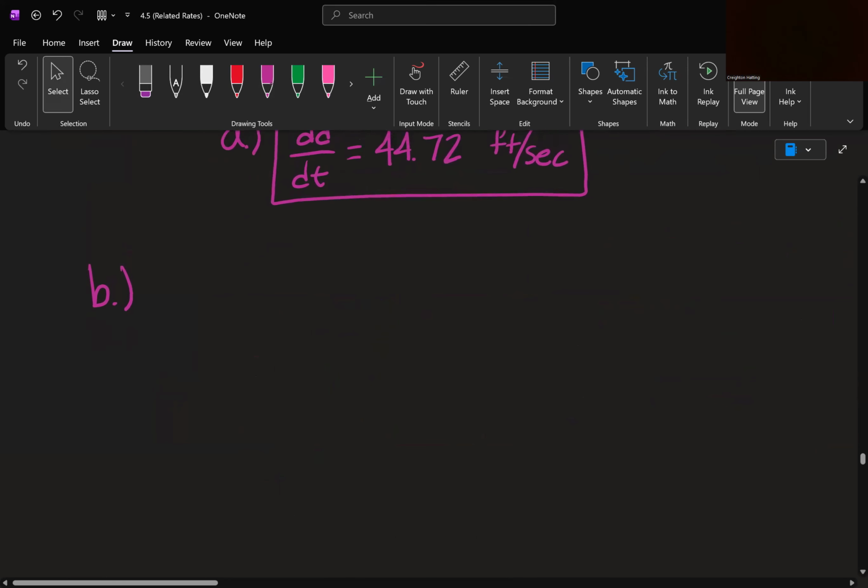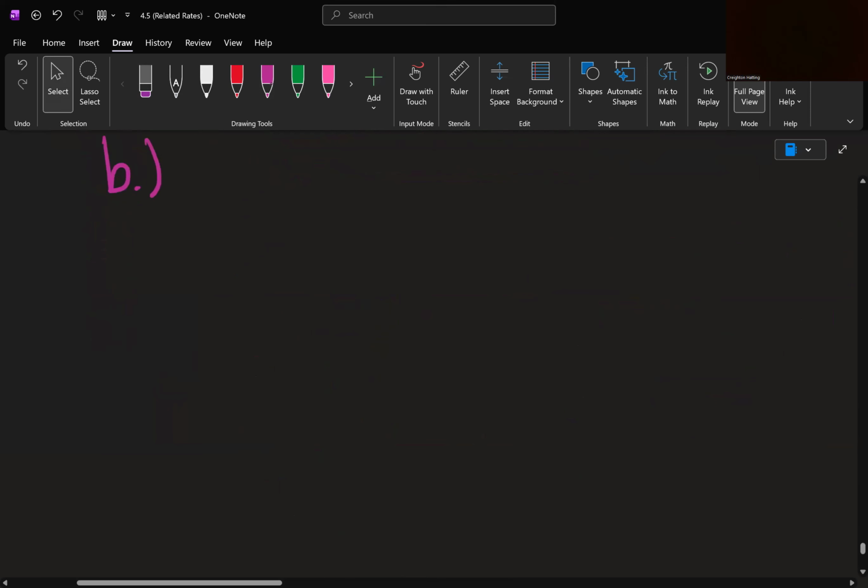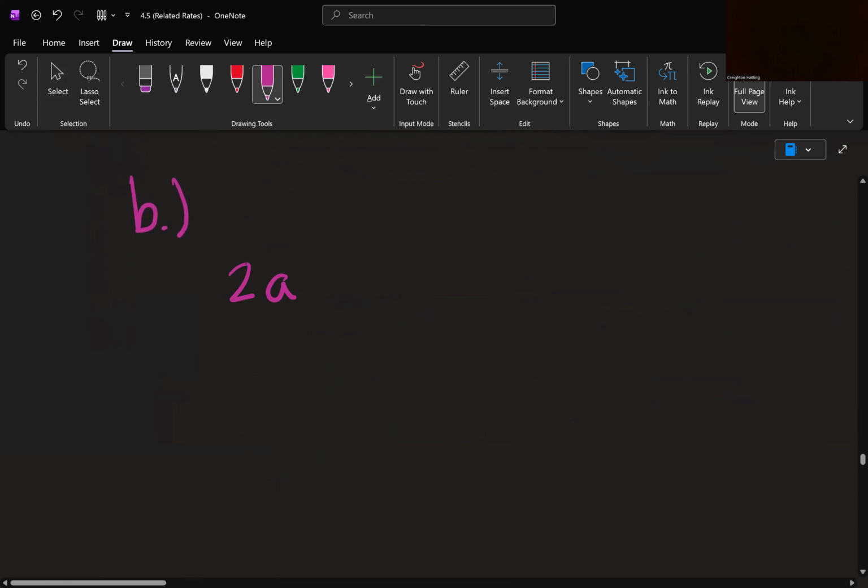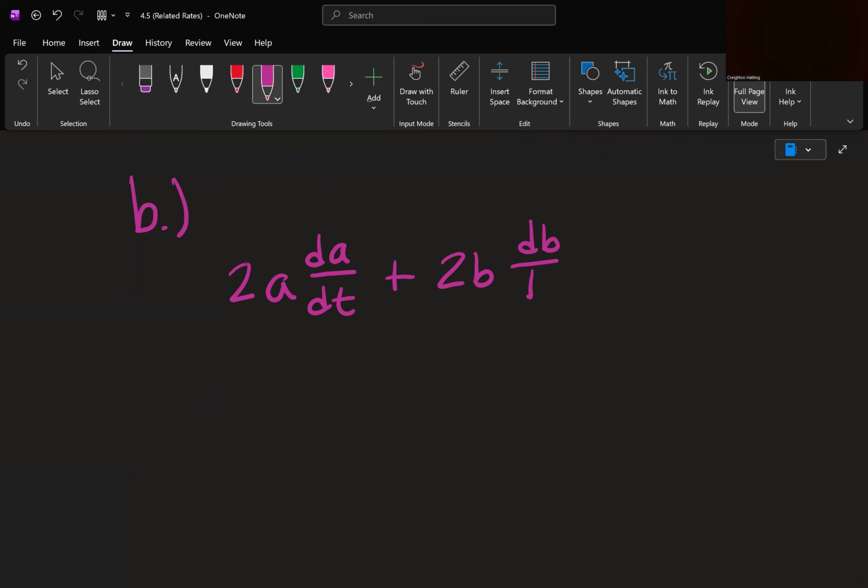We are going to take that information and recall our derivative formula for this scenario. 2a dA/dt plus 2b dB/dt equals 2d dD/dt.